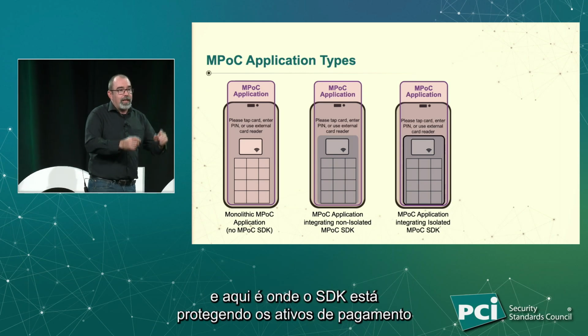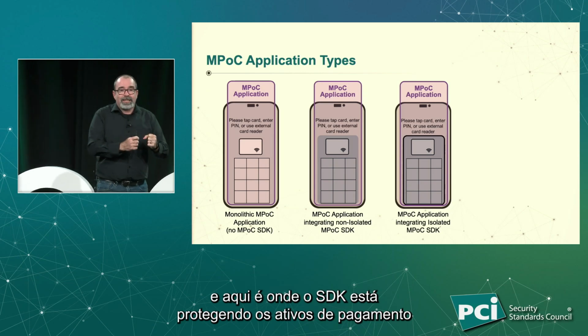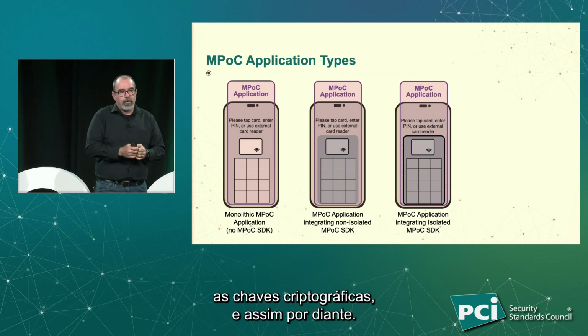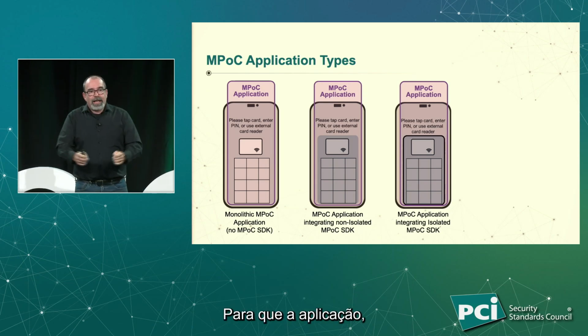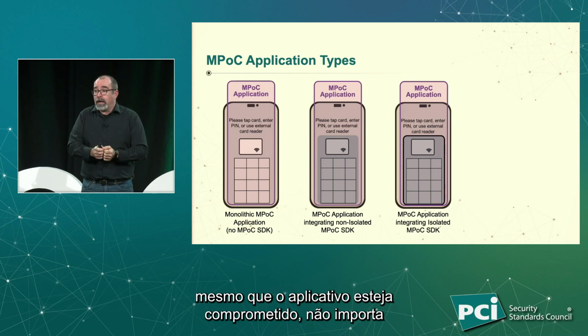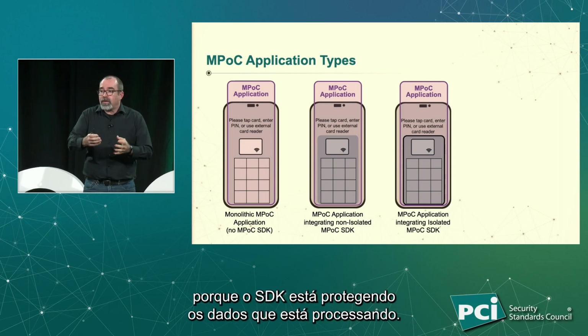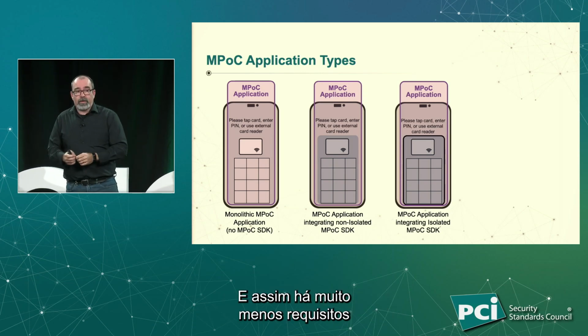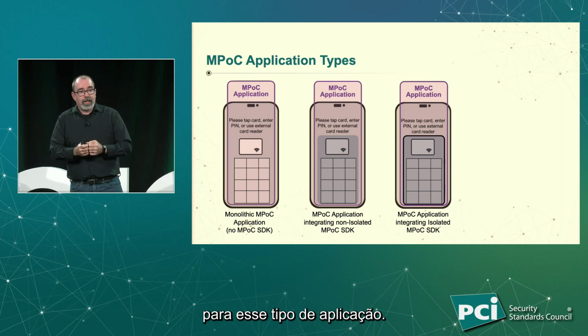Here the SDK is protecting the payment assets that it receives, the card data, the cryptographic keys, and so on, so that even if the application is compromised, it doesn't matter because the SDK is protecting the data that it's processing. And so there are very much fewer requirements for that type of application.